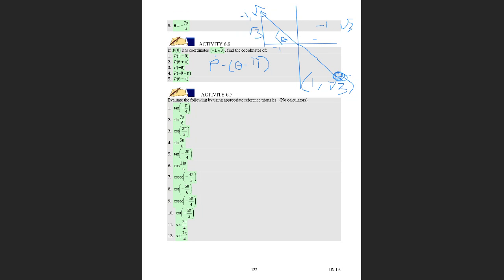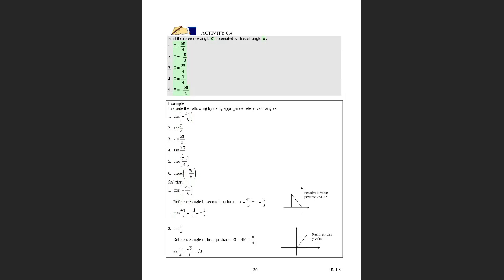The question is saying that we are having a theta coordinate. We are having this coordinate. Before we even do this, let's go back. Let me check something.